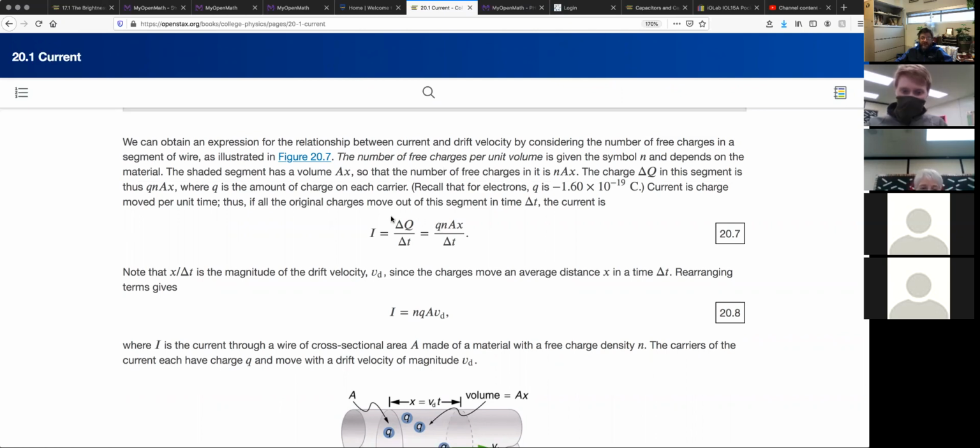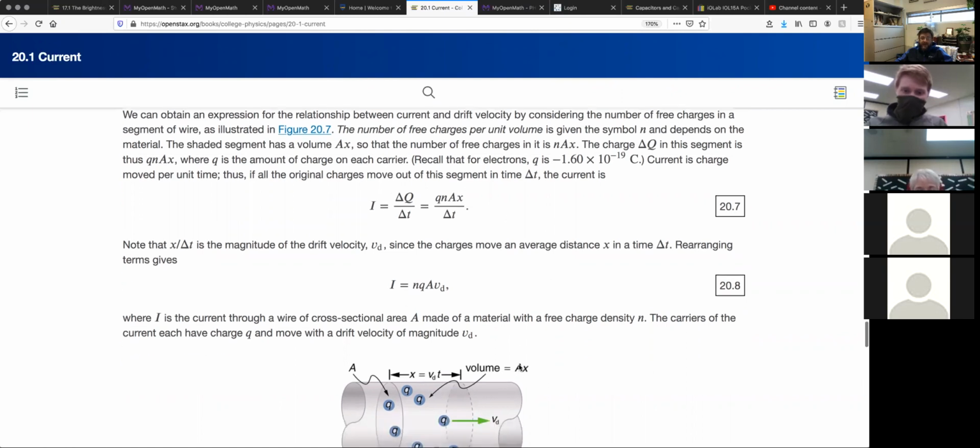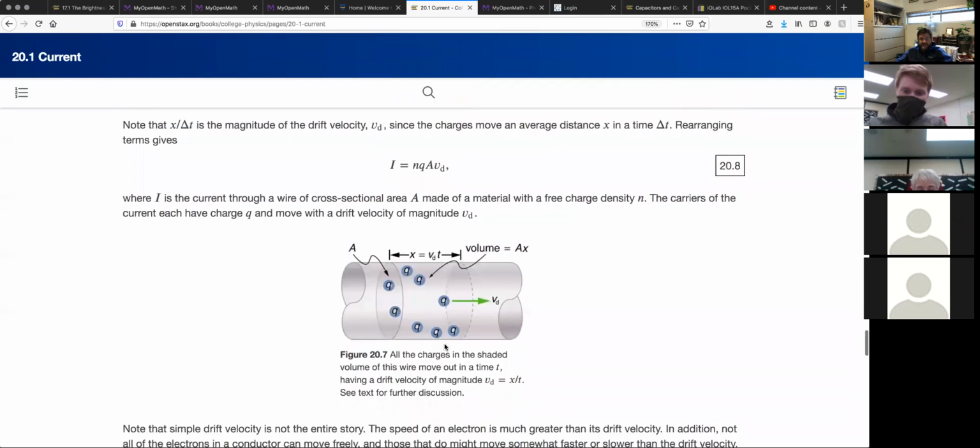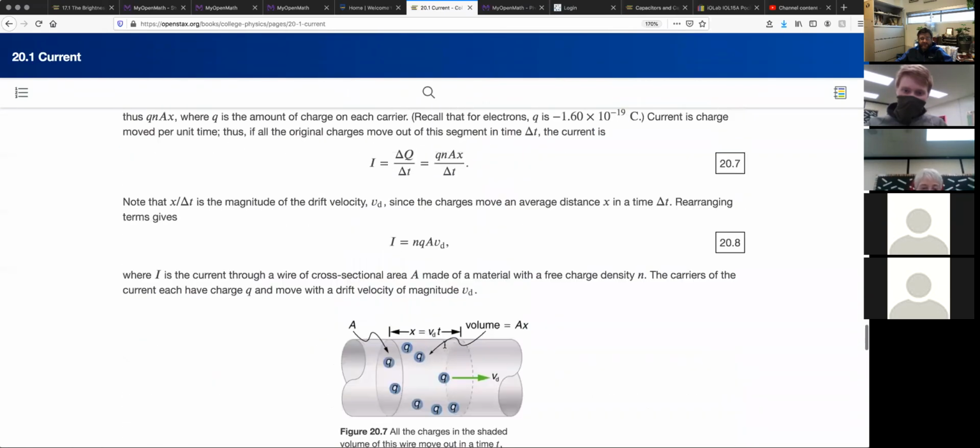So now we've got an expression for delta Q that includes q and A and x. And of course, x has the drift velocity. And so we can replace that x with the drift velocity. In fact, you can say that x over delta t is the drift velocity. And so you get the drift velocity in there.